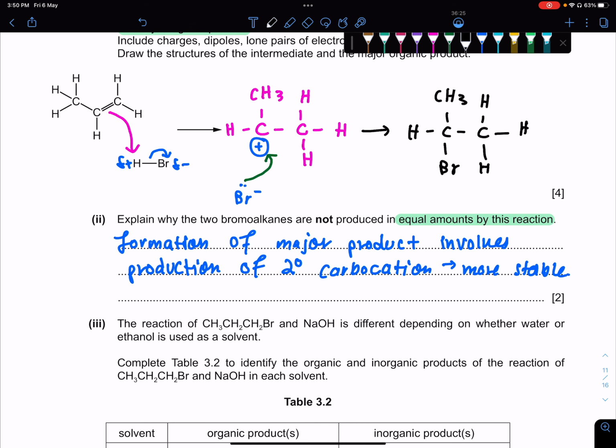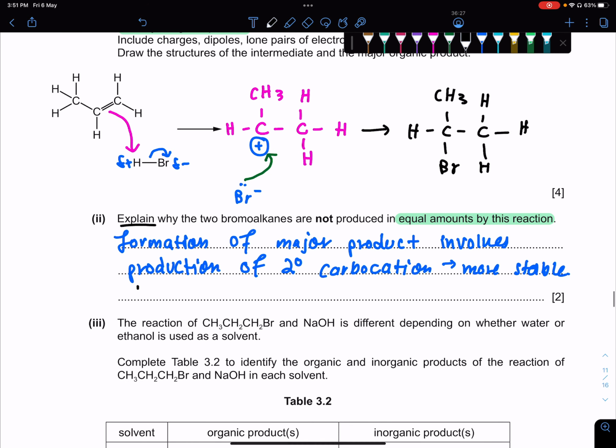You've got to put the reason. The question is about explaining. So you're going to write due to increased positive inductive effect, or you can write electron donating effect, of the two alkyl groups.